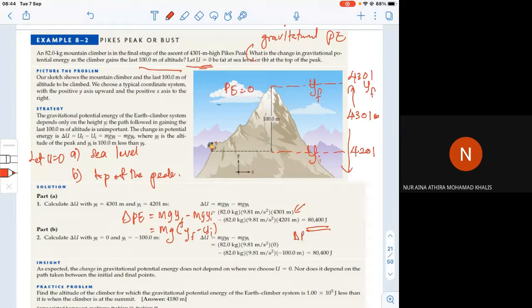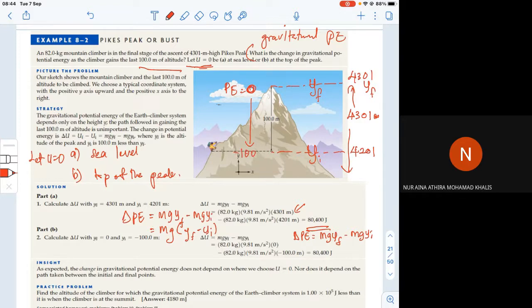Delta PE is equivalent to mgy final minus mgy initial. The final is now 0 and the initial one is negative 100. How do we get it? If we take this one as 0, then the point 100 meters below the 0 point is called negative 100.